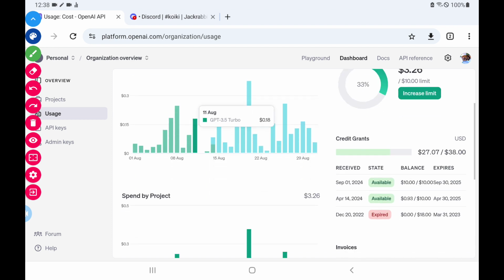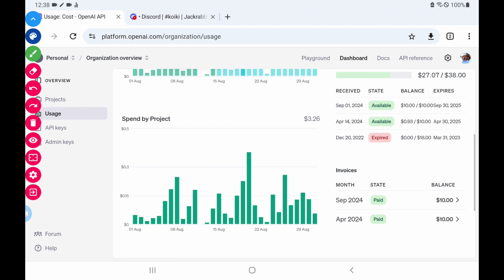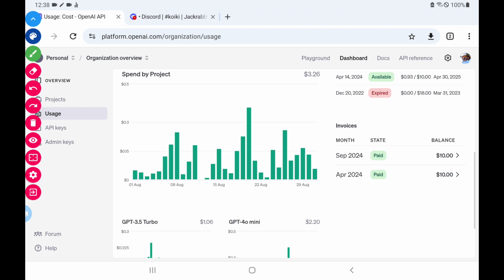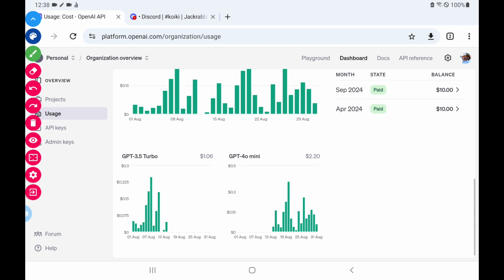Now we can go down and we can see here two different models, 3.5 and 4.0. So the billing cycle clearly demonstrates that I've used two different models. And as we progress and look at the different charts, projects, and so forth, we can see the cost per model clearly laid out.